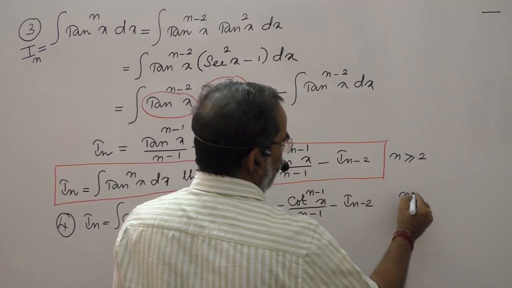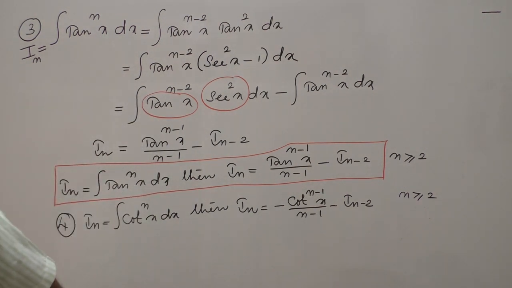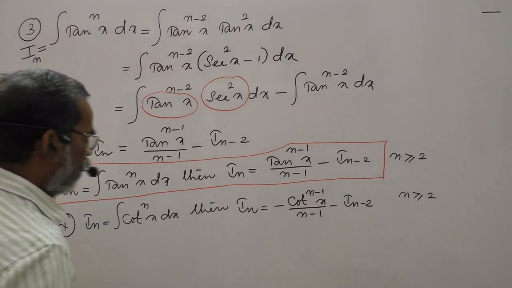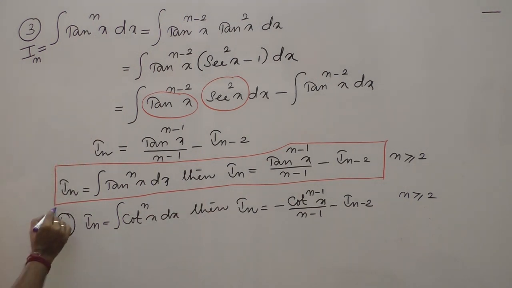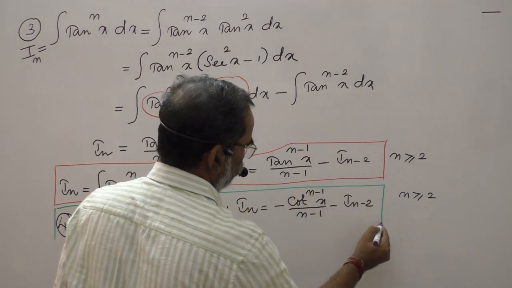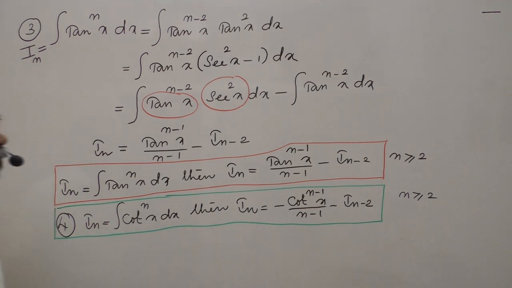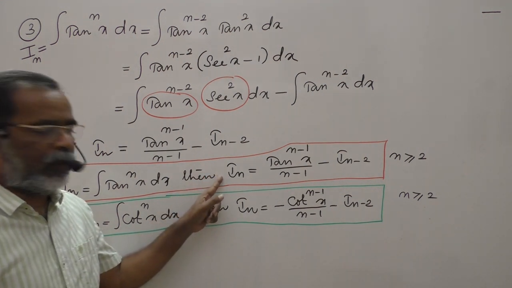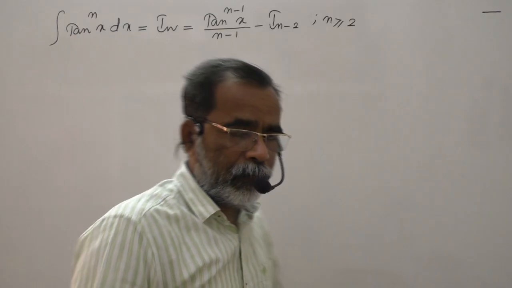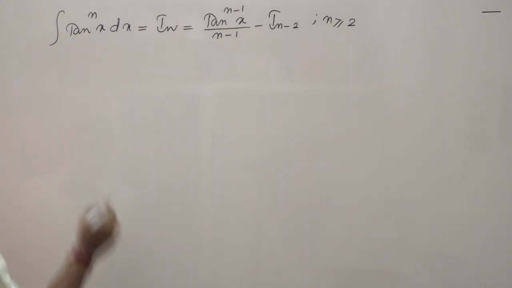This is also applicable for n greater than or equal to 2. Yes, this is the reduction for cot, so take it as another formula. This is the reduction for tan power n and this is the reduction formula for cot power n. We have seen tan power n x reduction and cot power n x reduction.